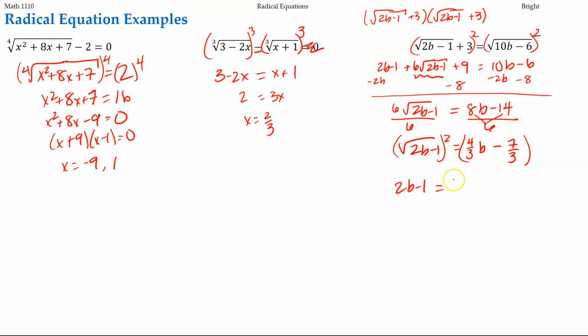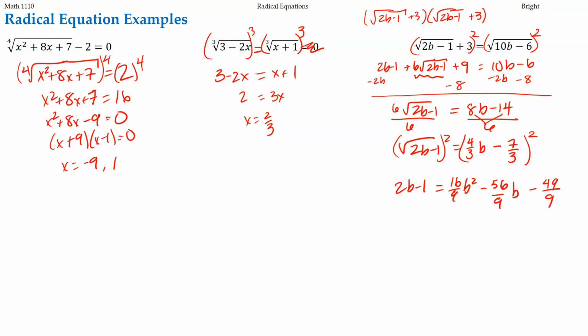I'm going to fast expand this, so I get 16 over 9 b squared, and then there's going to be a minus 49 over 9 in there, and then 28 times 2 is 56, so I'm going to have minus 56 over 9 b in there as well, and again, incredibly ugly. I'm going to just multiply both sides by 9 to clear the denominators, so I'm going to end up with 18b minus 9 is equal to 16b squared minus 56b minus 49, and then move this all over.